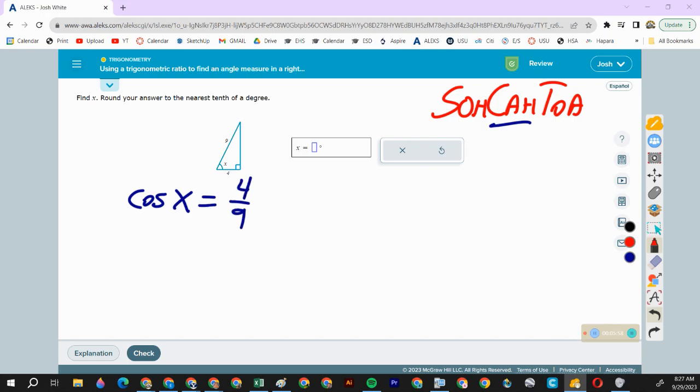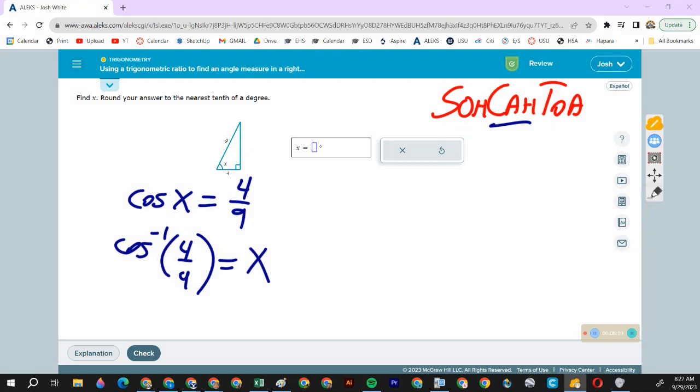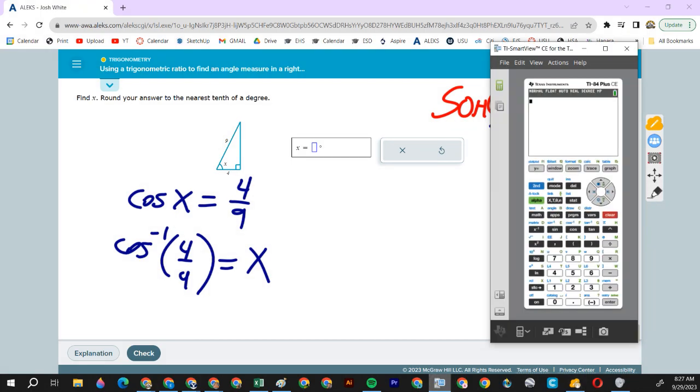I need to use the inverse. Cosine inverse of 4 over 9 will tell me how big X is. Pull up my calculator. Cosine inverse of 4/9 gives me 63.6 degrees, and it wants to round to the nearest 10.